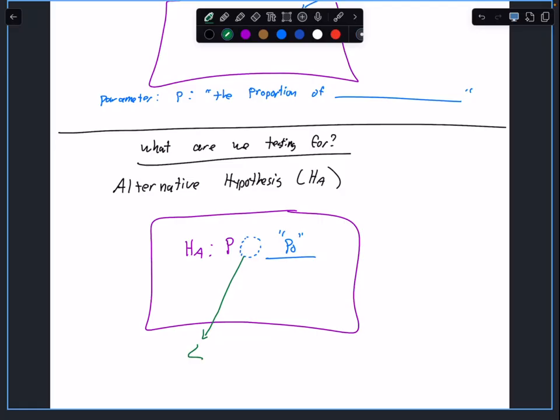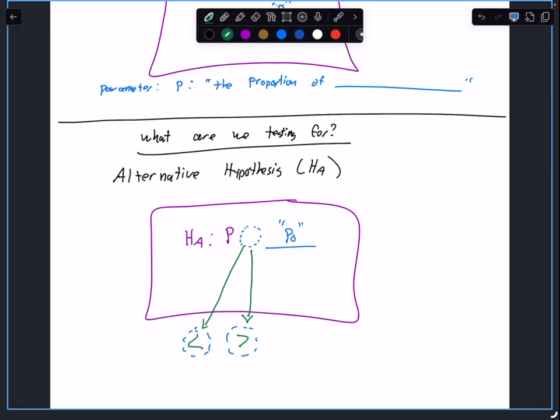We are trying to show evidence that the true proportion is actually less than what is stated. Or that it is greater than. Most of the hypothesis testing we've done, you're trying to determine: is there evidence of it being less than some stated value? Is there evidence of it being more than a stated value?